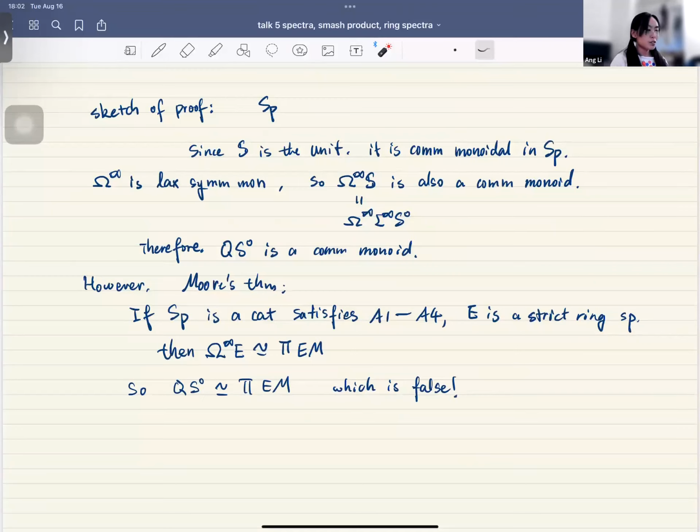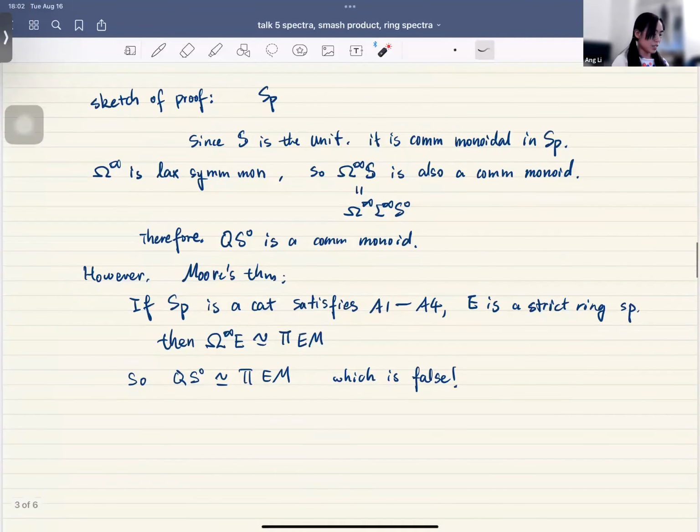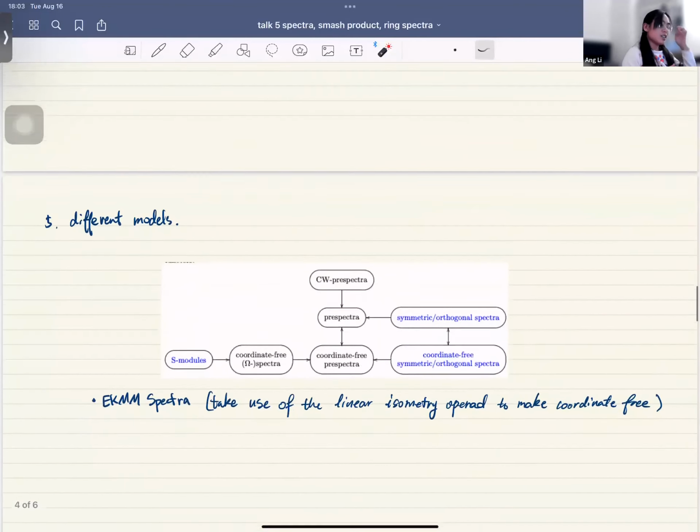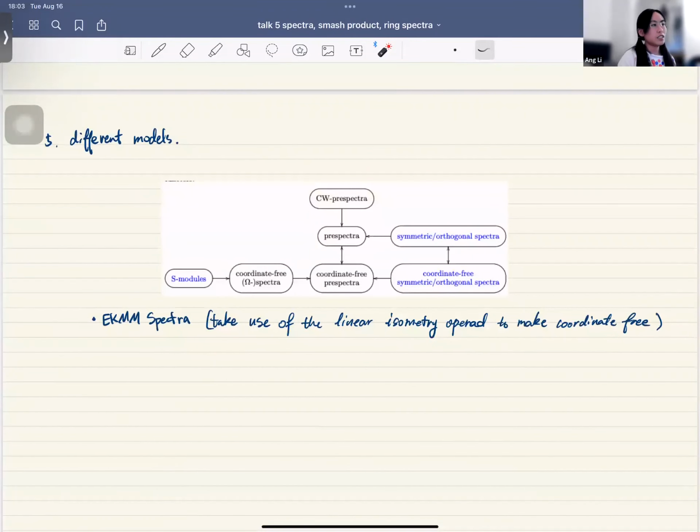Well, we know that there's no way we can have a good category of spectra, but we can still have something. So let's see what people do. Okay, so here are some different approaches to get a category of spectra.